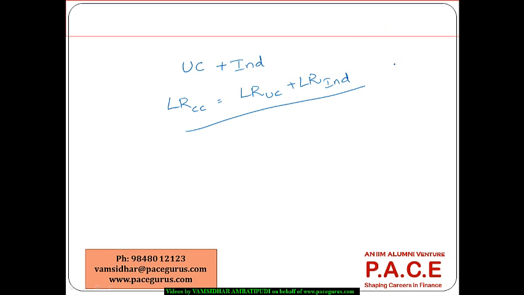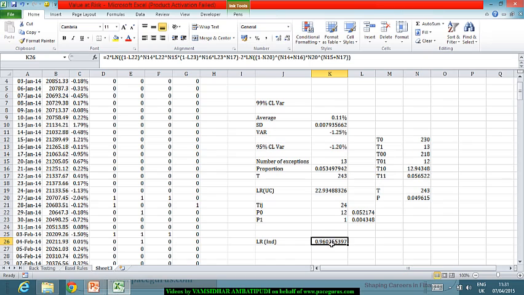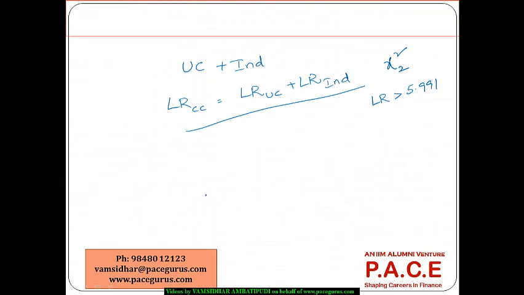This would follow a chi-square distribution with 2 degrees of freedom, so I will reject the model if LR is greater than 5.991. But if I am just looking at the independence test, if the LR independent is greater than 3.84, 1 degree of freedom for the chi-square, I am going to reject for independence.